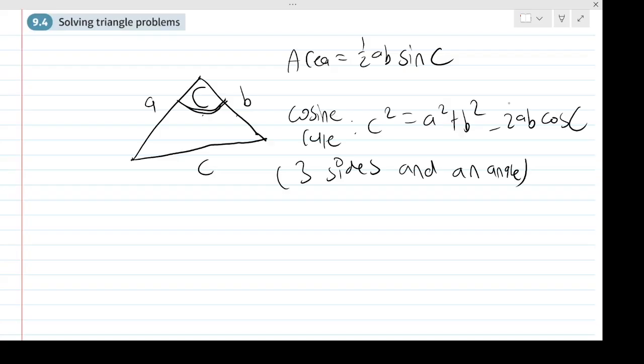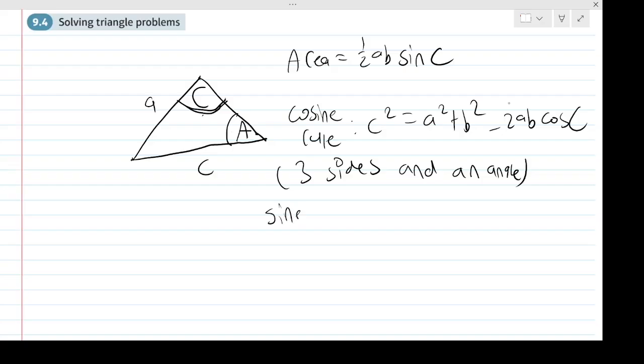Okay, what if I have this other angle here, I'll call it capital A, because that's the angle opposite the side, little a. In this case, if I get rid of this b, I don't need it, I can use the sine rule to work out these angles or sides, right?